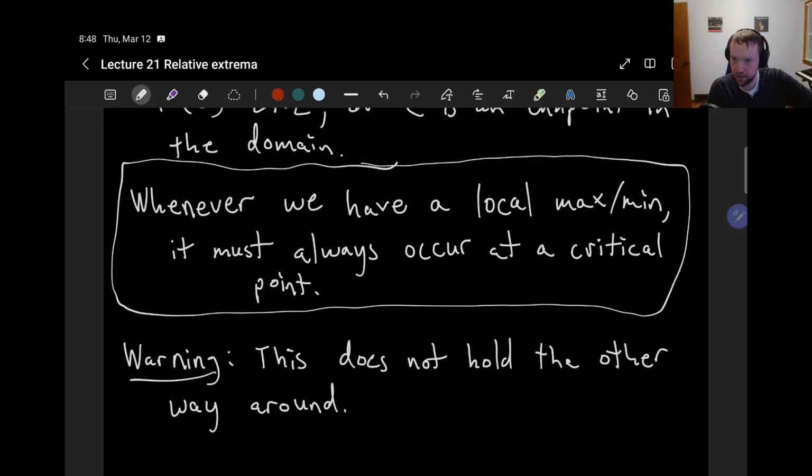Just because you have a critical point, that does not necessarily mean that you have a local maximum or a local minimum.